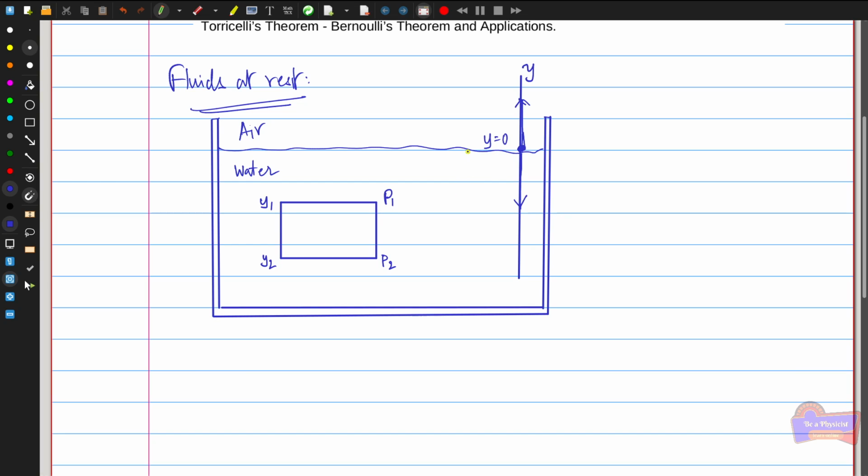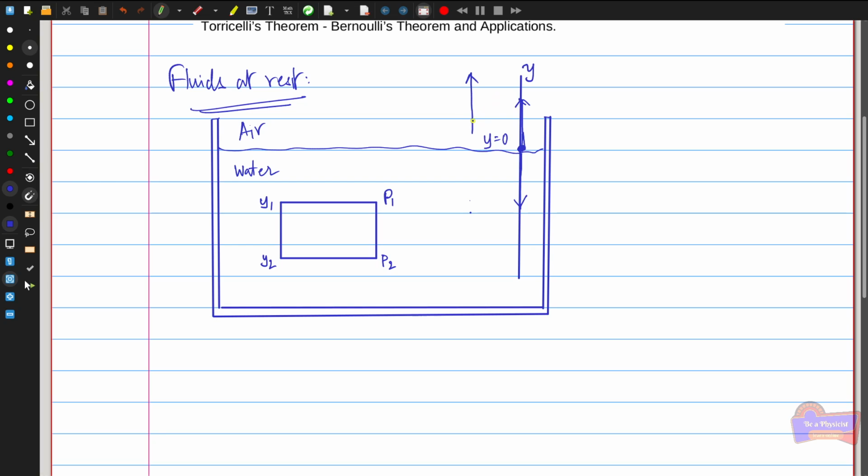As we know, once you move inside the water, the pressure increases as the depth increases. Similarly, if you move in the opposite direction, that means in the air, upward, then the pressure decreases.